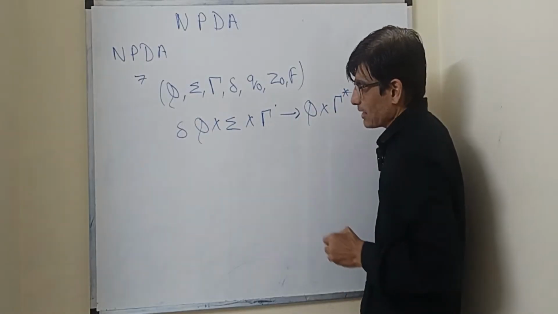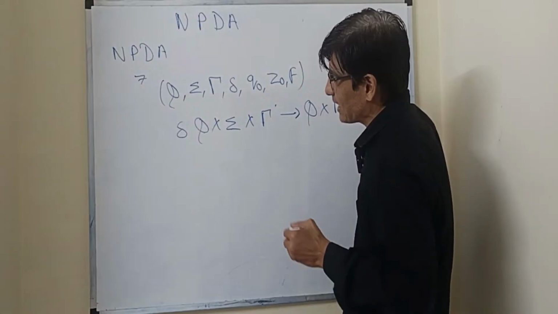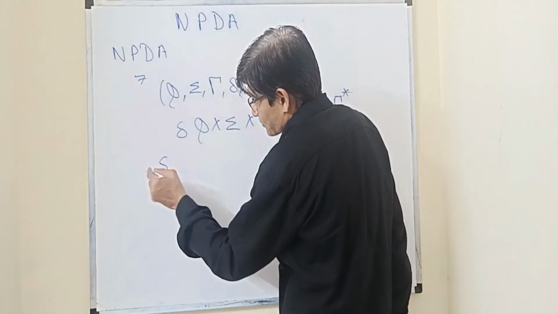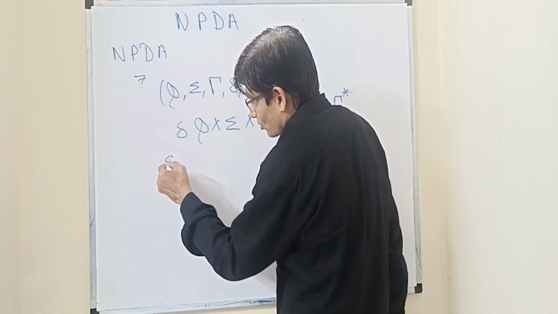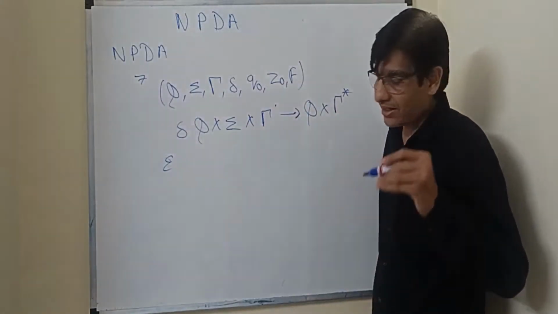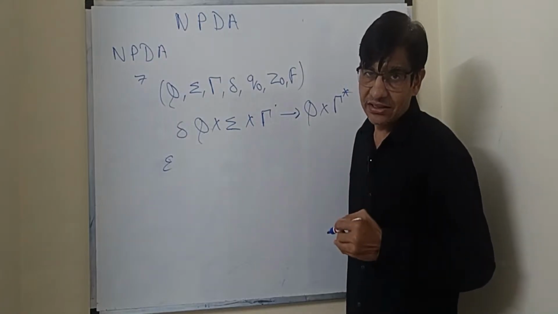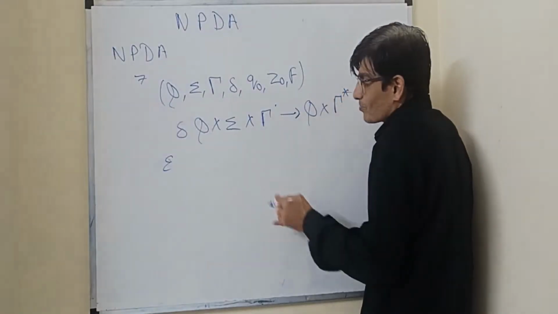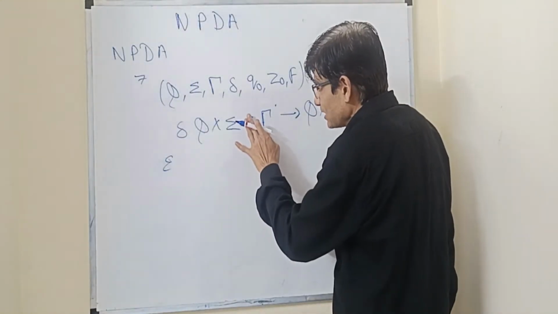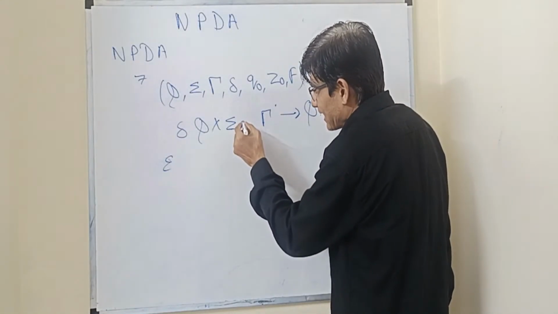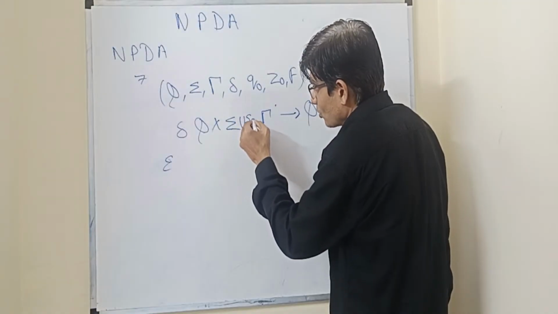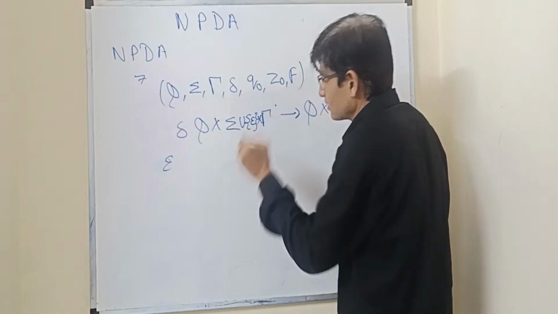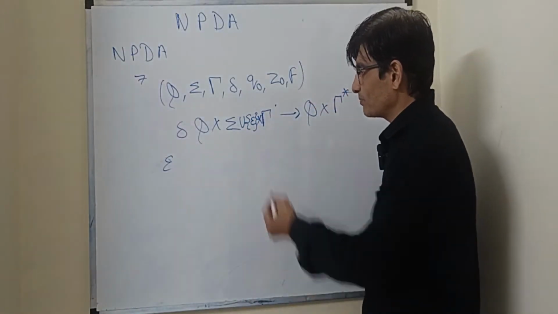Now here, as we have seen in DPDA and NPDA both, we are reading epsilon also. In some cases we read epsilon when the string ends. So in both cases you need to include epsilon as one of the proper inputs.